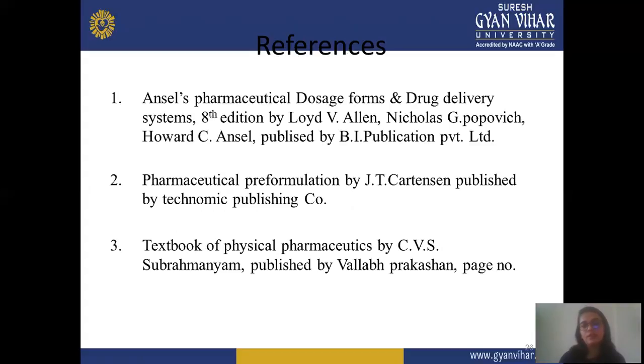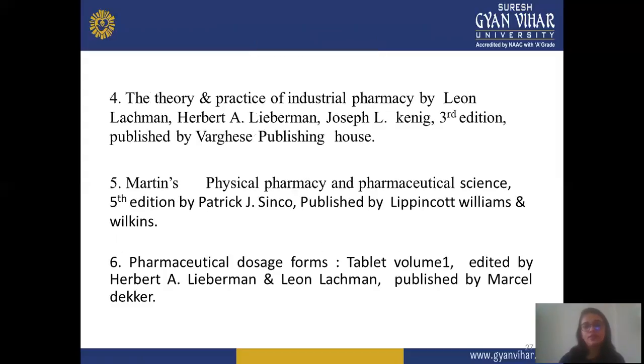First is Ansel's Pharmaceutical Dosage Forms and Drug Delivery Systems, 8th edition, by Lloyd V. Allen, Nicholas G. Popovich, Howard C. Ansel, published by BI Publications Pvt Ltd. Second reference is Pharmaceutical Preformulation by J.T. Carstensen, published by Technomic Publishing Co. Third is Textbook of Physical Pharmaceutics by C.V.S. Subrahmanyam, published by Vallabh Prakashan. Fourth is The Theory and Practice of Industrial Pharmacy by Leon Lachman, Herbert A. Lieberman, Joseph L. Kanig, third edition.